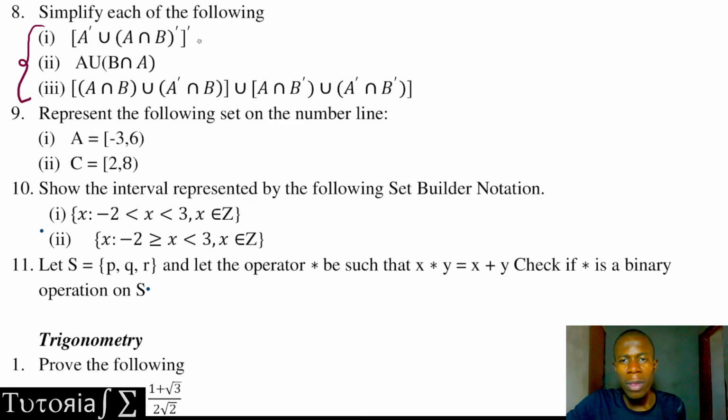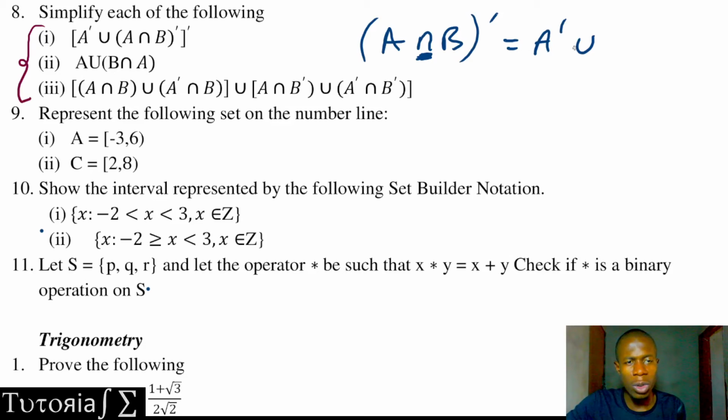For this one, first thing that you should remember is De Morgan's law. We have A intersection B complement. If you want to get the complement inside, then it will be A complement, then the operation there changes from intersection to union, or from union to intersection, depending.